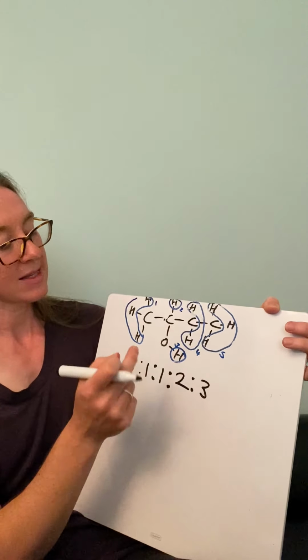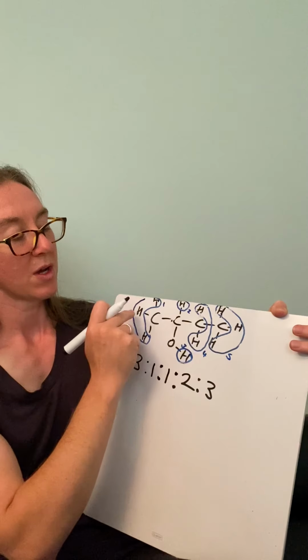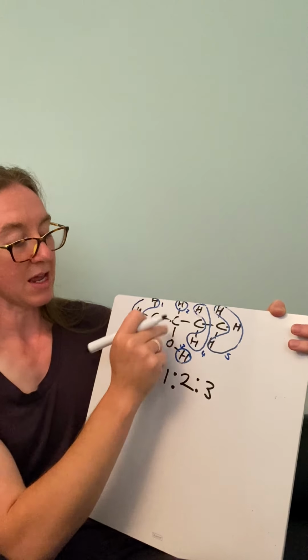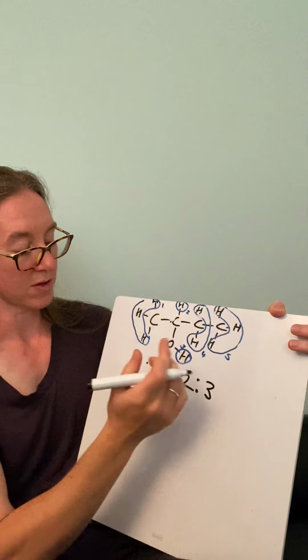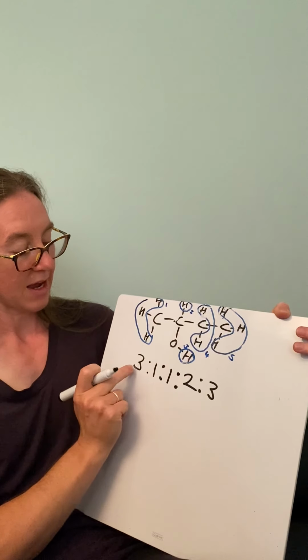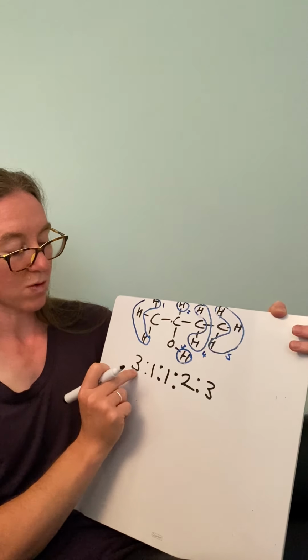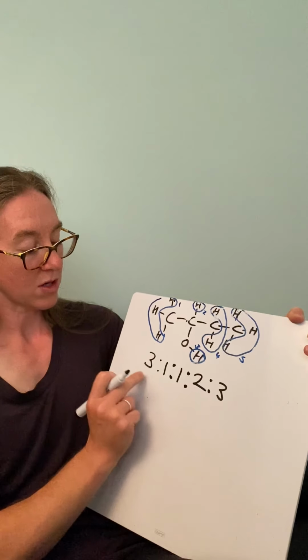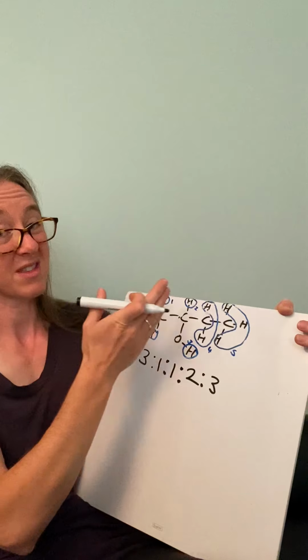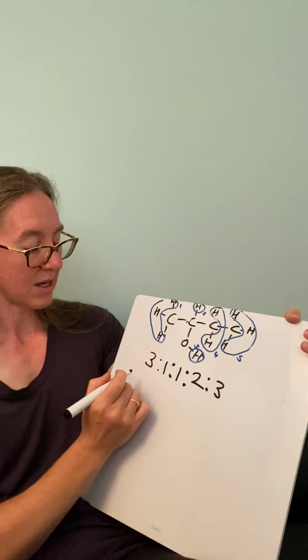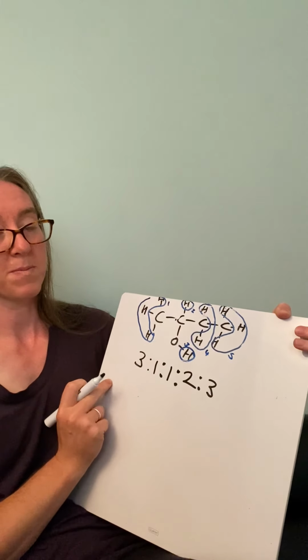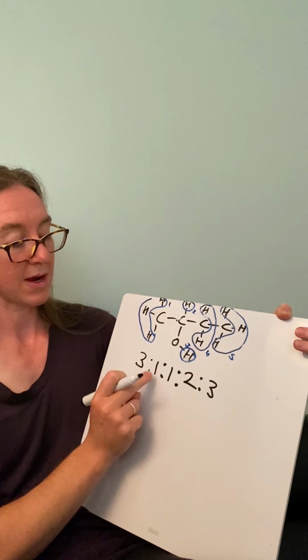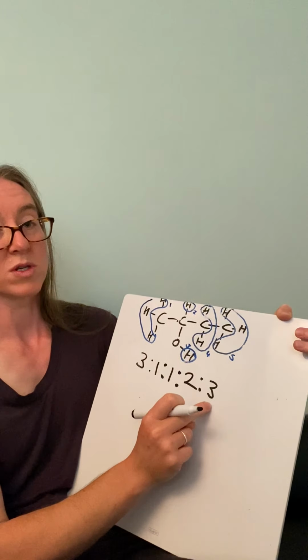In exams, I tend to draw my molecule and then underneath go along and do the ratios. But you could, again, illustrate that these are H1, H2, H3, H4, H5. So that's the ratio, and I just did that by counting how many hydrogens. So that means my ratio of the peak areas will be 3 to 1 to 1 to 2 to 3.